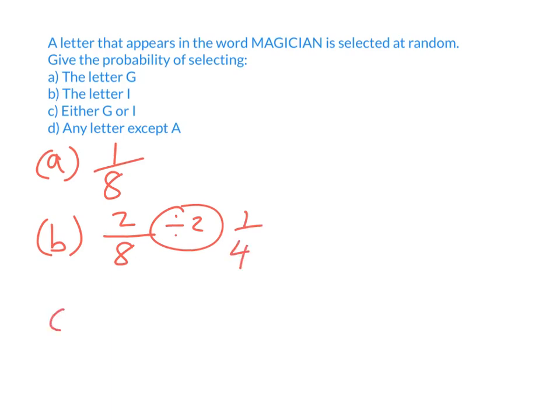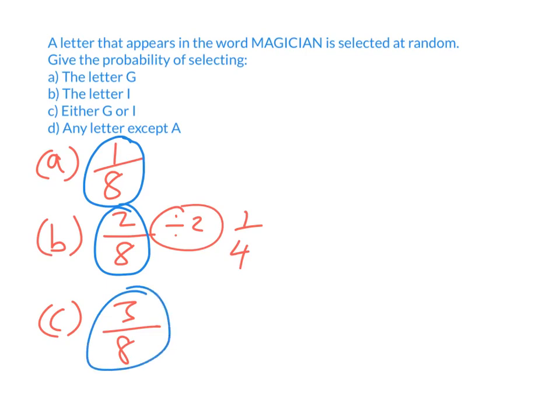Question C asks for the probability of getting either a G or an A. Well, we can see that we have got 1 G and 2 A's, so that gives us 3 out of 8 chance. We could have also got this answer by adding the chances of getting a G and the chances of getting an A together to give us our 3/8.